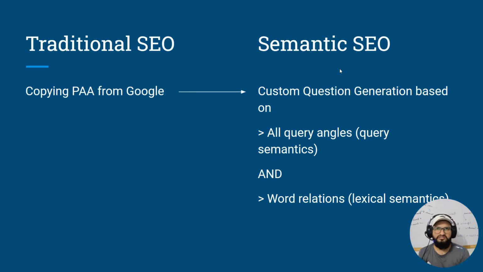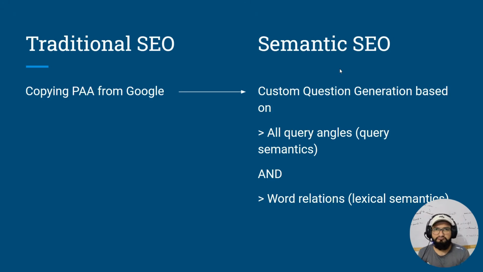These are just the questions that Google has generated itself based on its algorithms. If you're just copying what Google has suggested, it doesn't mean that Google will now rank you because you're answering all questions. You have to rethink from the queries perspective, from query semantics and from lexical semantics.